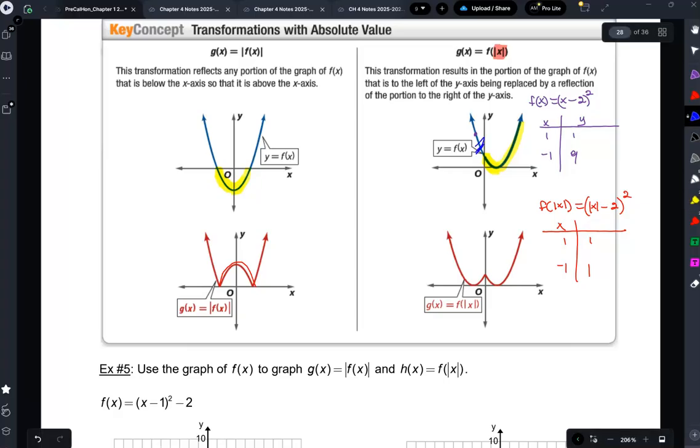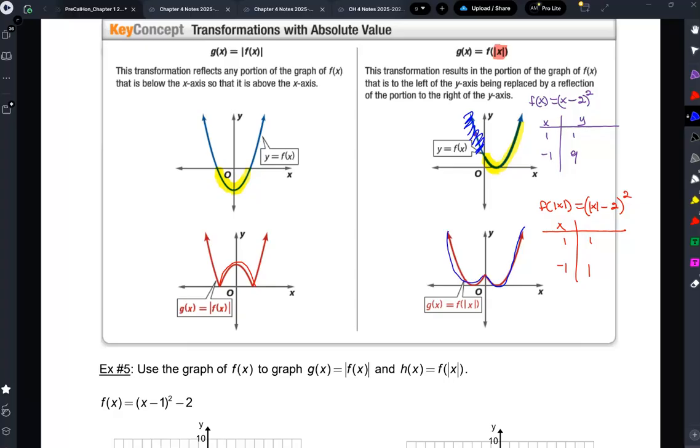This region completely gets wiped out because we are no longer taking any negative x's. In its place, you mirror the highlighted part from the positives. So look at this. This is the highlighted part. You just mirror that here.